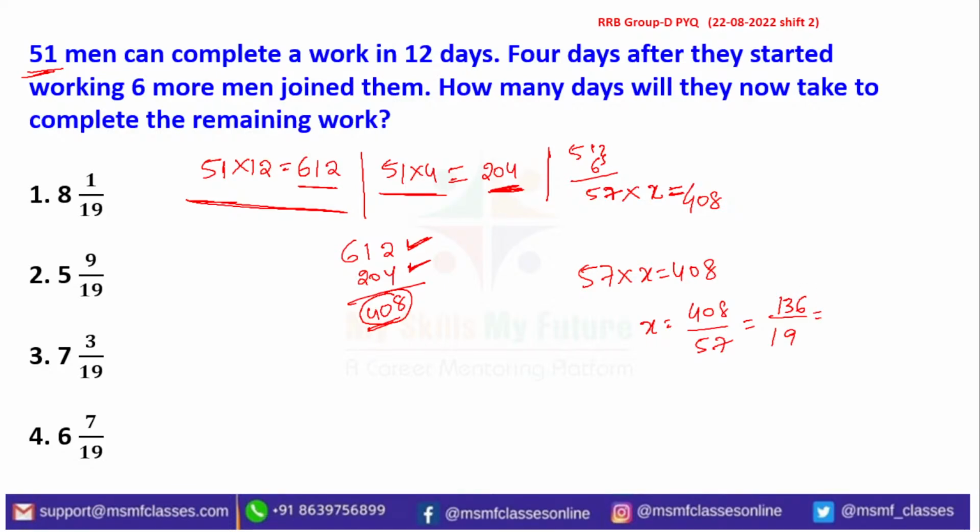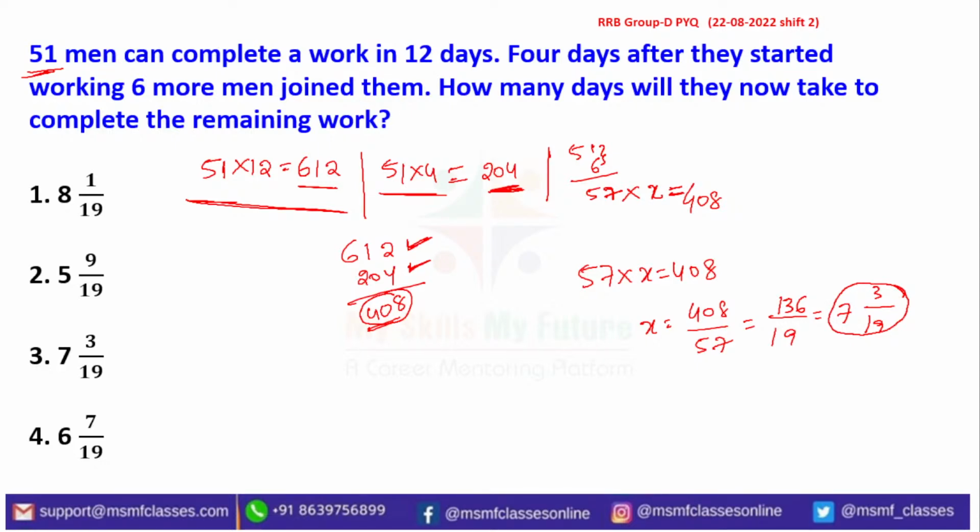So 136 by 19. The options are in mixed fraction, so 19 sevens are 133. So 7 and 3 by 19.